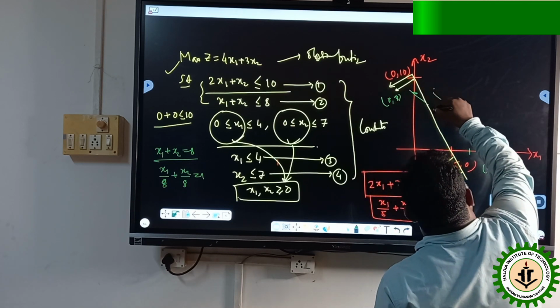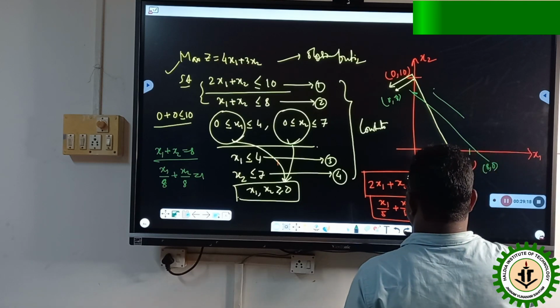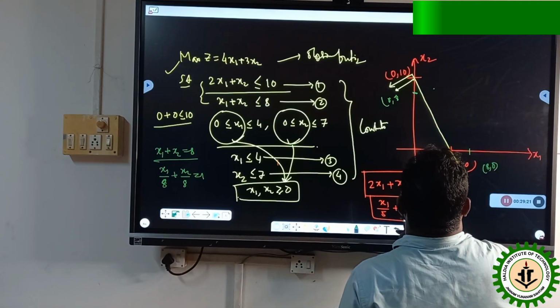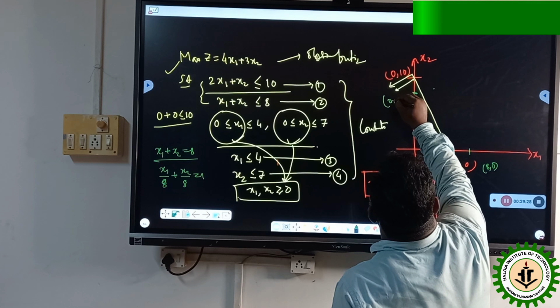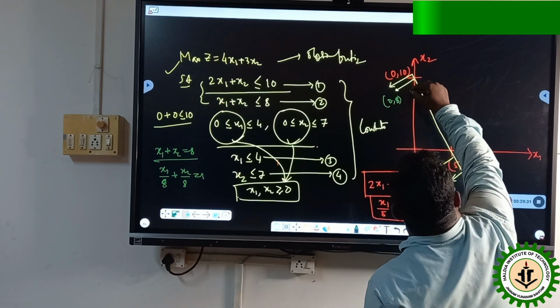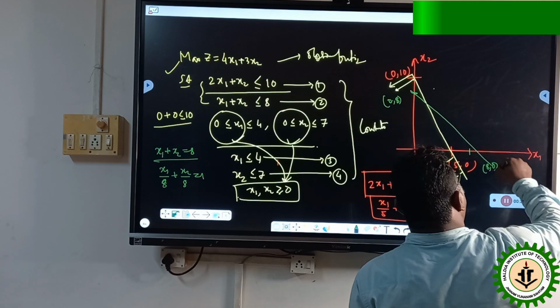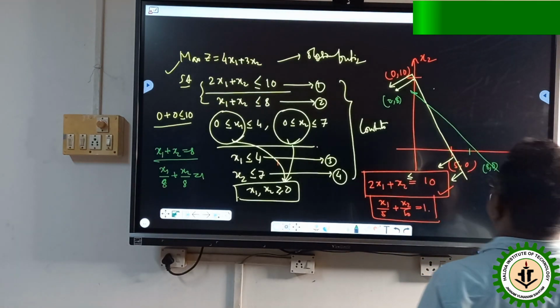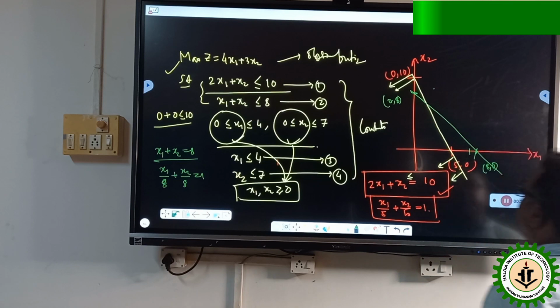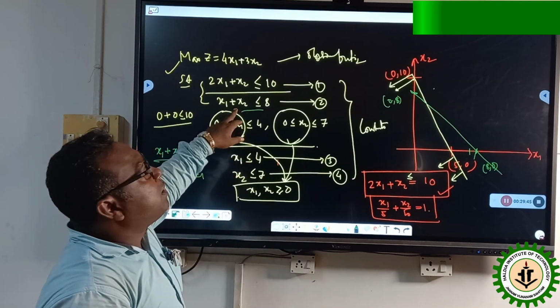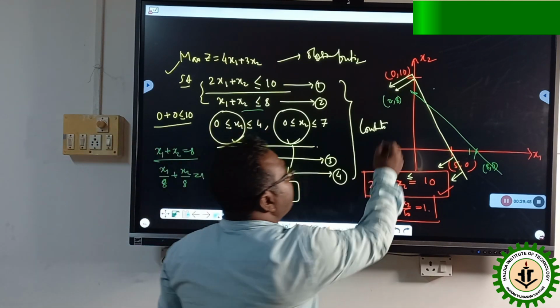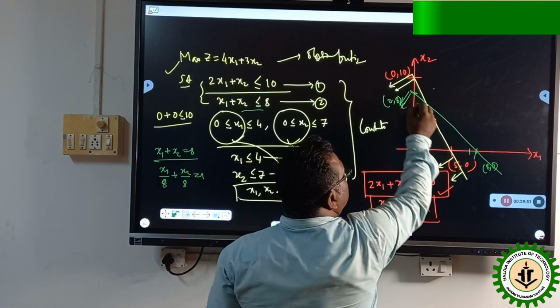If we join these by a straight line in this manner, obviously 0, 0 satisfies this inequation, so the points will be towards the origin.